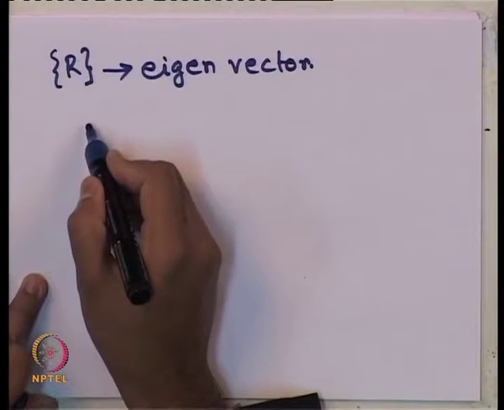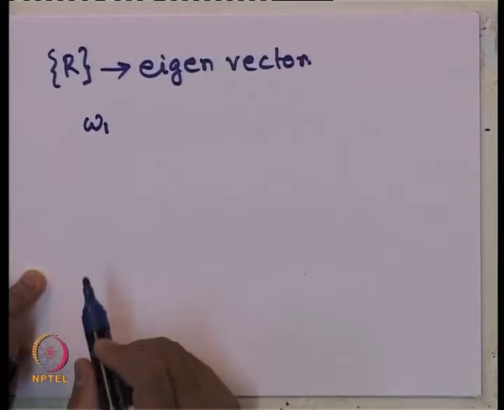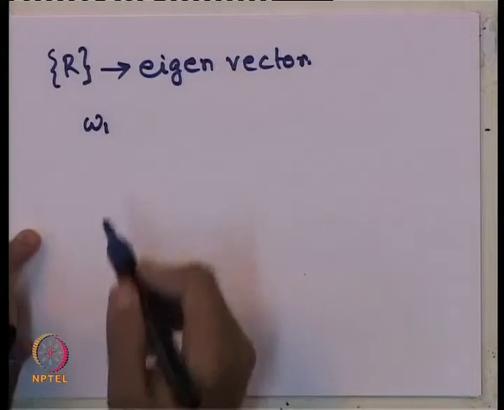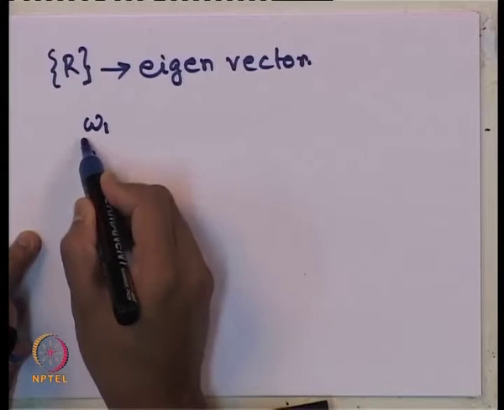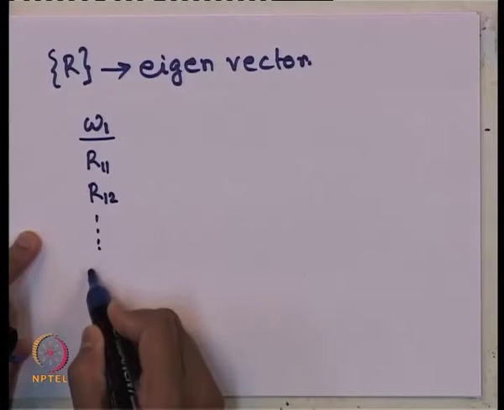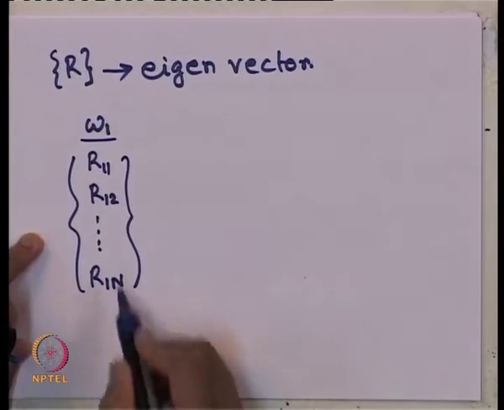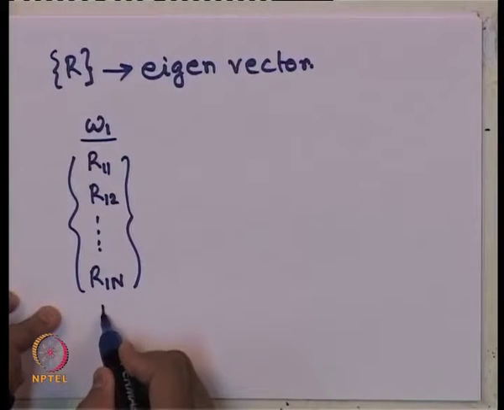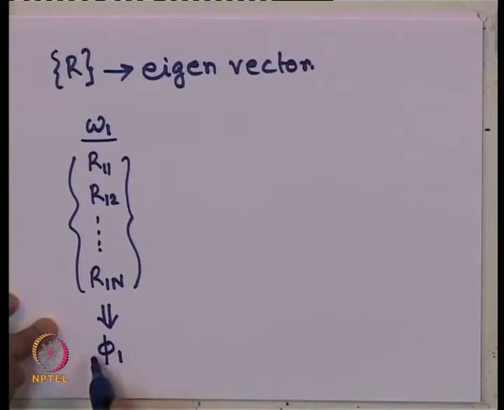If we select a solution of say omega 1, that is one particular eigenvalue, corresponding to that we will get the values of r 11, r 12 up to r 1 n, which will give us the transformation matrix first element phi 1.